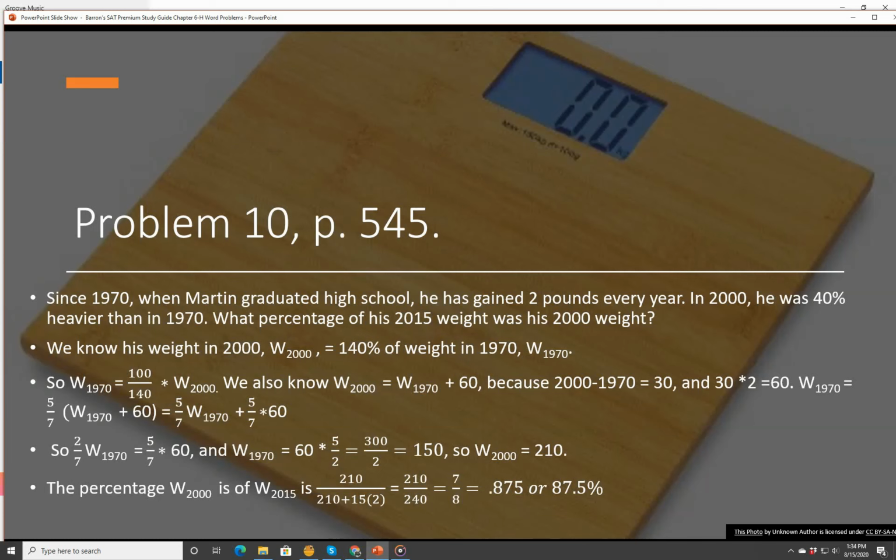So the percentage W2000 is of W2015, his weight in 2015, is 210 over 210 plus 15 years times 2, so it's 210 plus 30, so that's 210 over 240, which is 7/8, which is equal to 0.875, or 87.5%. You can see that answer choice in your book.